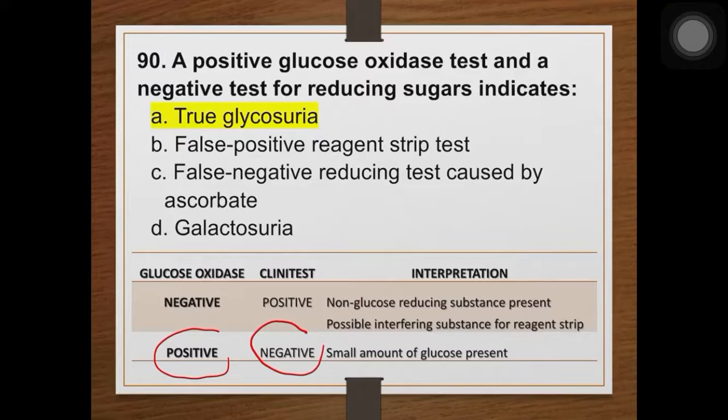So, positive reagent pad but negative Clinitest. This can indicate presence of small amount of glucose. Correct answer number 90, letter A.